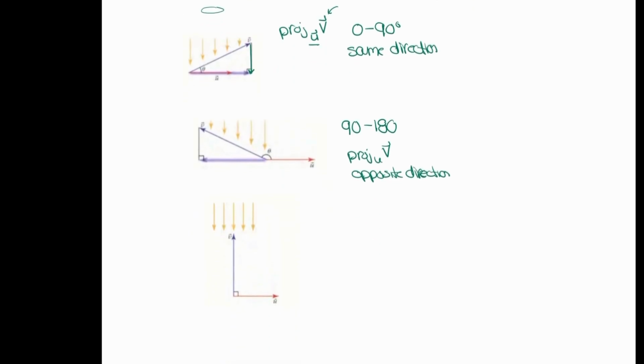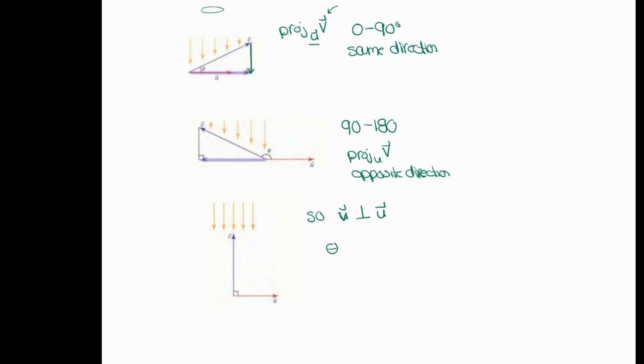Now, what happens if we have them at 90 degrees? If vector V is perpendicular to vector U, then V doesn't cast any shadow onto U at all. If V is perpendicular to vector U, or vice versa, it doesn't really matter, it won't cast a shadow.